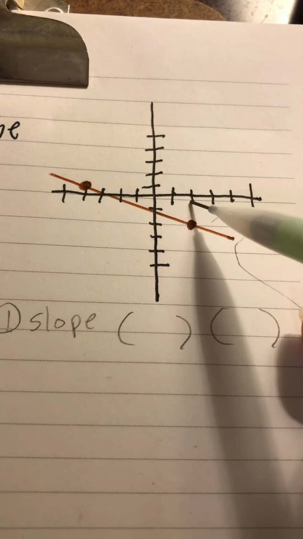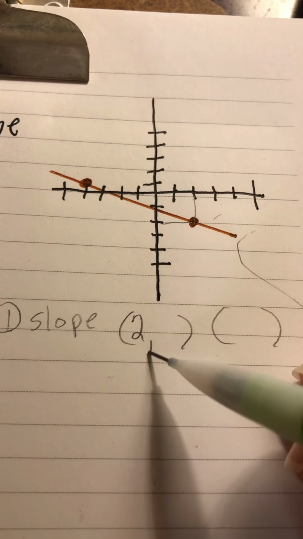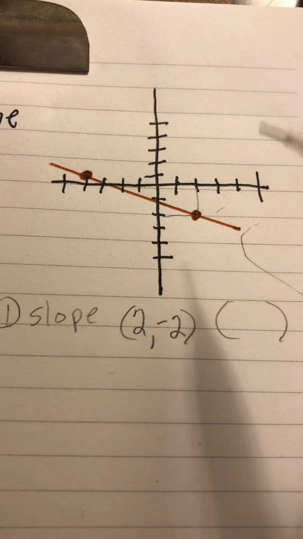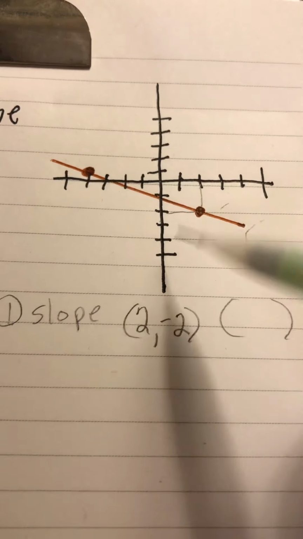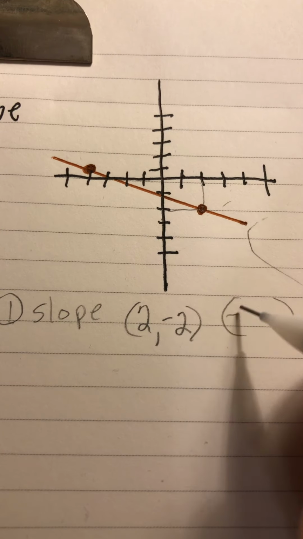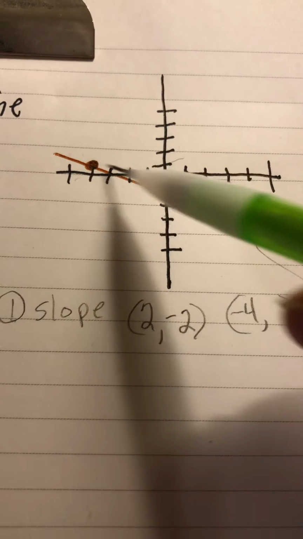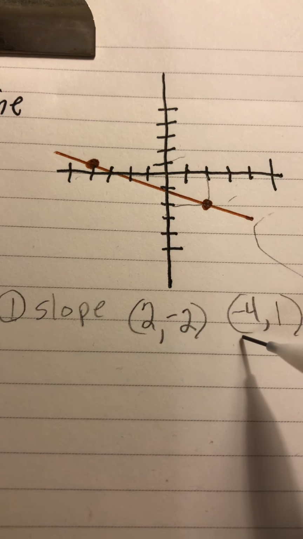But this one, it looks like it's at 2 on the x and negative 2 on the y. And then this one is at negative 4 on the x and positive 1 on the y. So now we have 2 sets of coordinates.